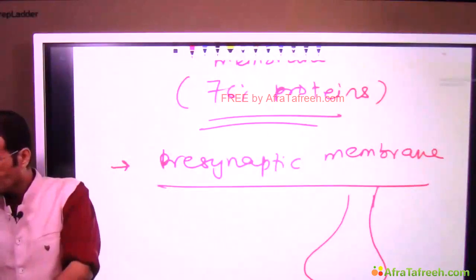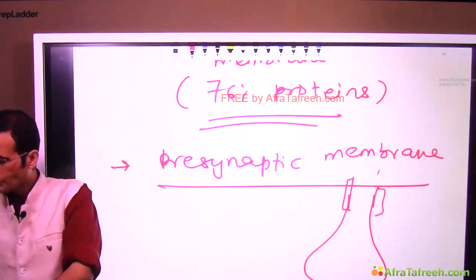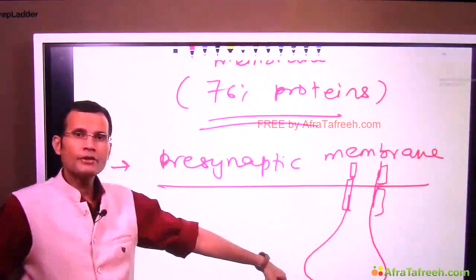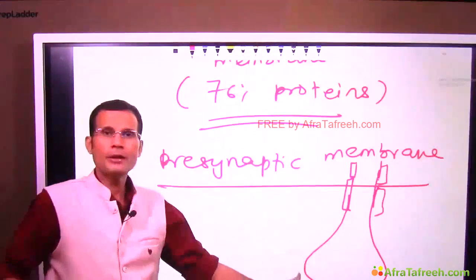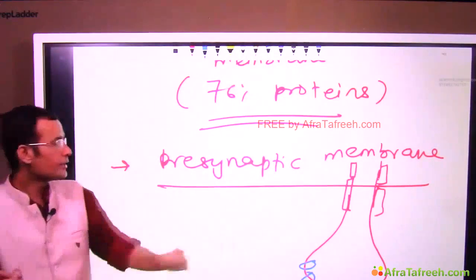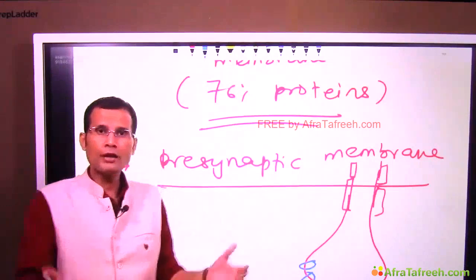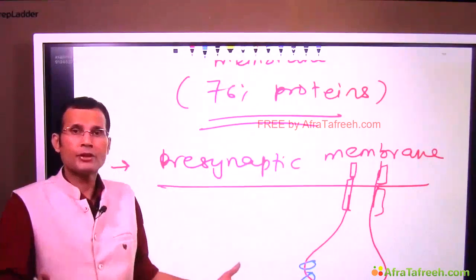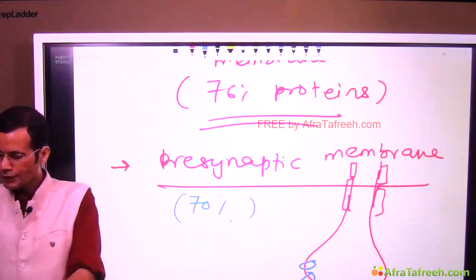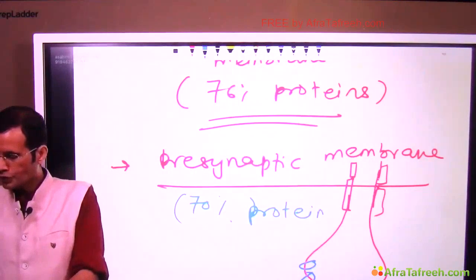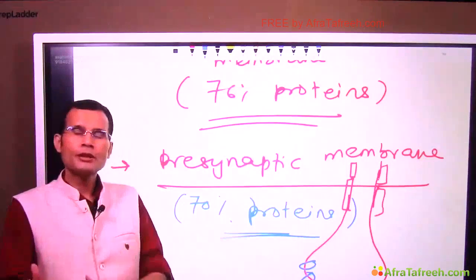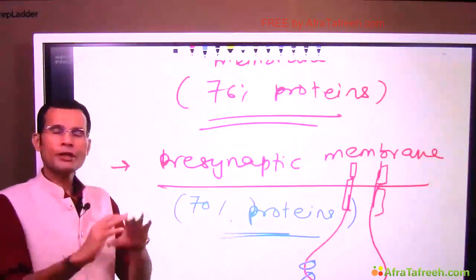Myelin sheath is formed around the neurons, but wherever there is a neuronal ending, it's devoid of myelin, and therefore has less lipid and more proteins, because there are channels in the presynaptic membrane. And what are those channels? They are protein based structures. So the presynaptic membrane has almost 70% composition of proteins.